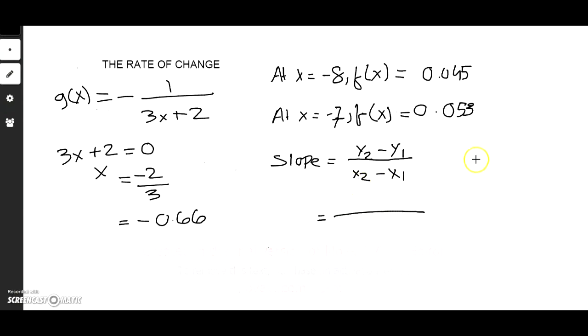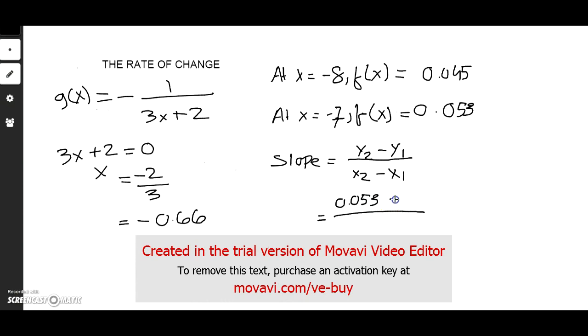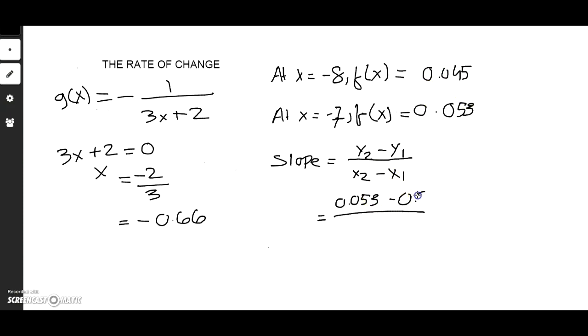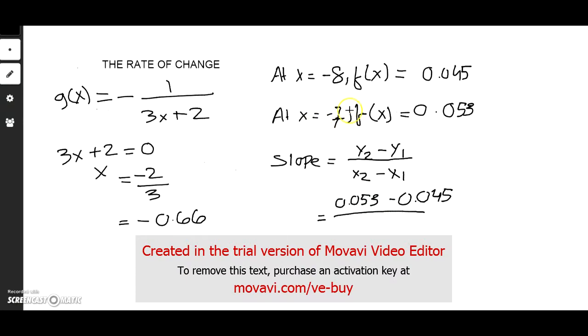So we write 0.053 minus 0.045, divided by x2 minus x1. x2 is negative 7, x1 is negative 8.